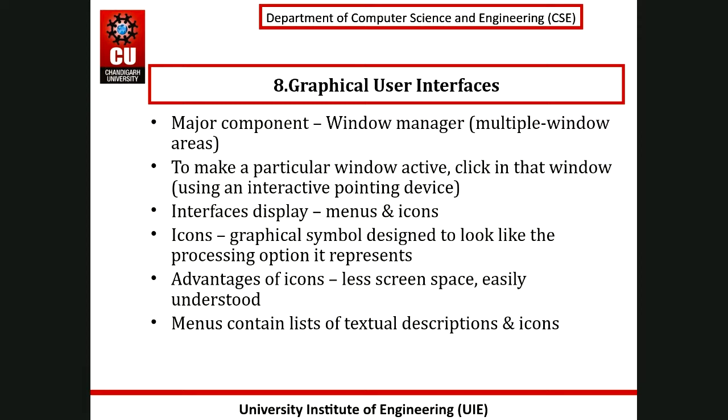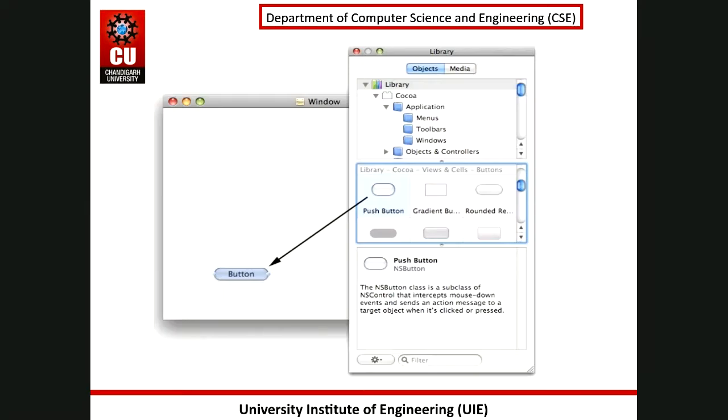All of these are graphical user interfaces, and with their help you can interact with the graphics. We can directly take the tools and draw on our computer screen with the help of a GUI.